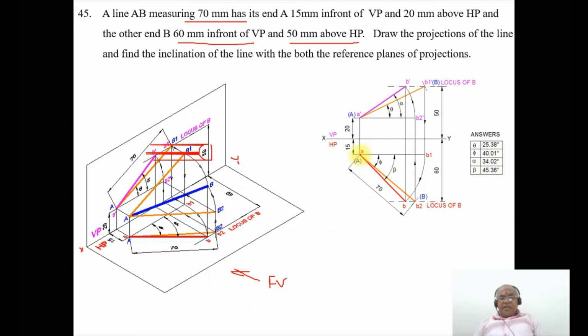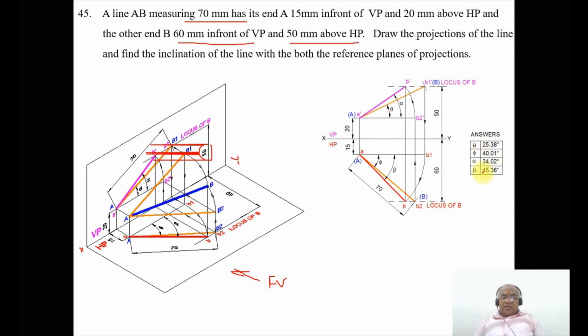Similarly, with A as center, by using the protractor you measure the angle with respect to this horizontal line, which is AB1, will be phi, which will be equal to 40 degrees, and with the same center A you measure the angle of the apparent length in the top view, which is beta, which will be 45 degrees.